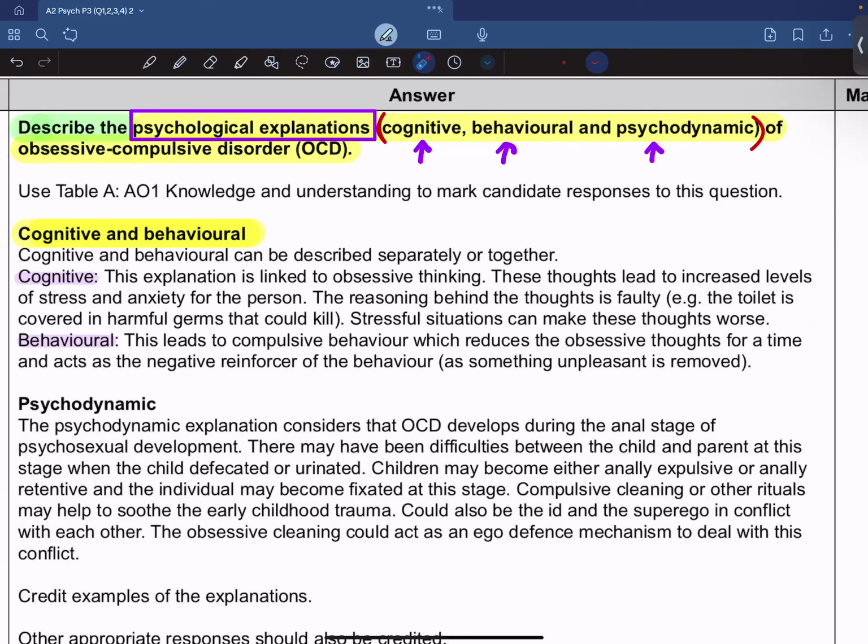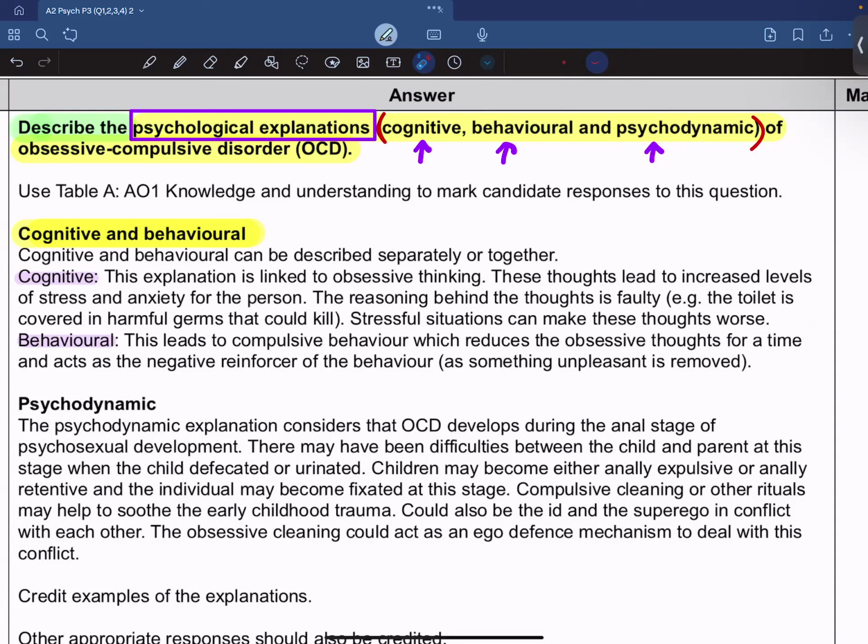Now, just think, we're talking about the explanations for obsessive compulsive disorders. And being a little more specific, we're talking about the psychological explanations for obsessive compulsive disorders, right? So, according to the cognitive explanation over here, individuals develop obsessions because of their faulty mental process, because of their irrational, illogical, maladaptive thought process.